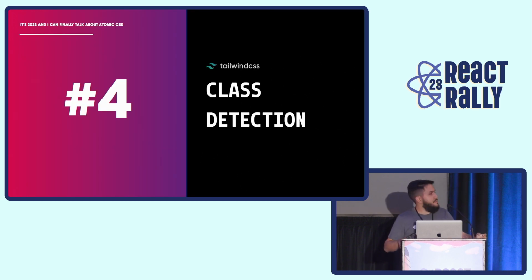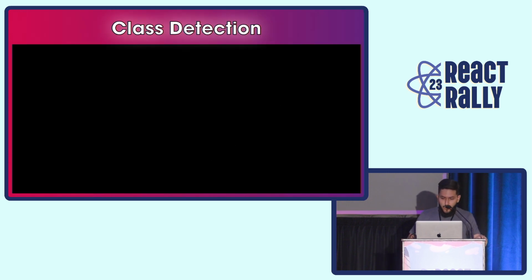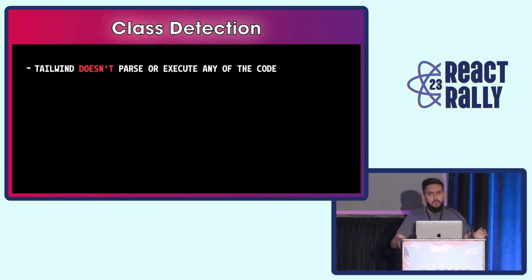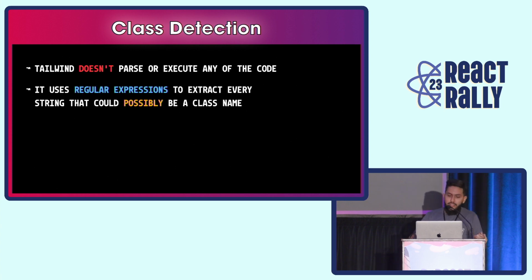And this one is definitely more Tailwind specific: their internal mechanism to do class detection. Some of you probably know that, but Tailwind doesn't actually parse or execute any of your code. The way it works is it uses regexes to basically go and find anything that can possibly be one of its class names.